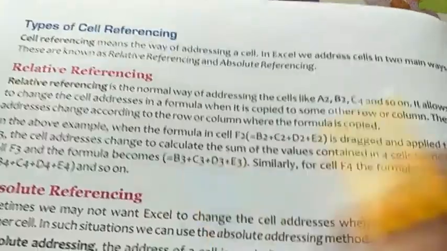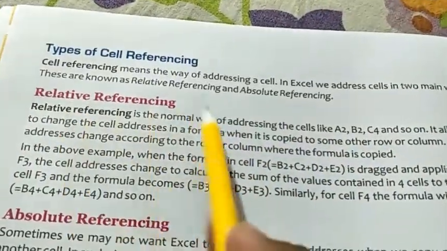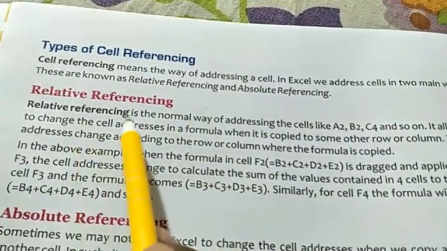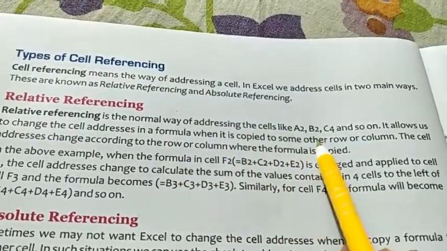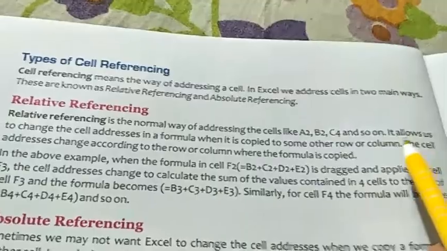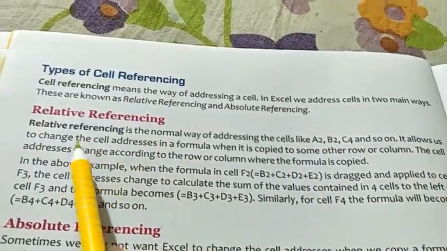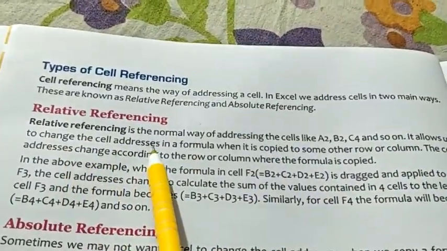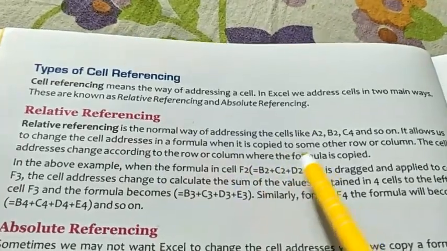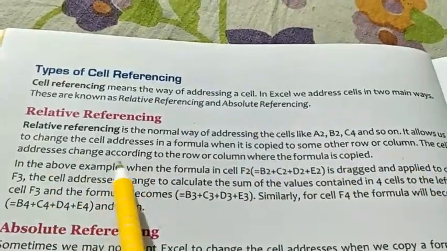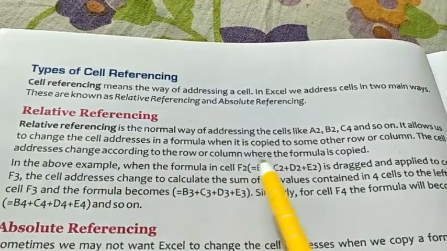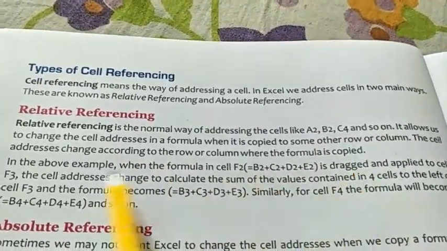Okay, now I'm going to read the paragraph. Relative reference, understand it. Relative reference is the normal way of addressing a cell like A2, B2, C4 and so on, and it allows us to change the cell address in a formula when it is copied to another row or column, and the cell address changes according to the row or column where the formula is copied.